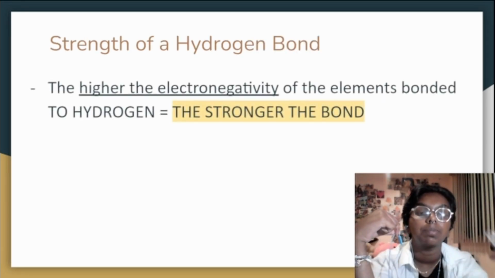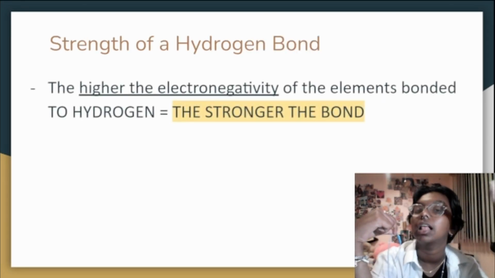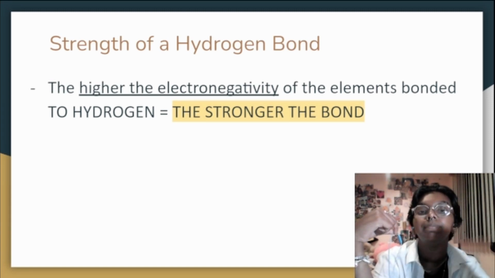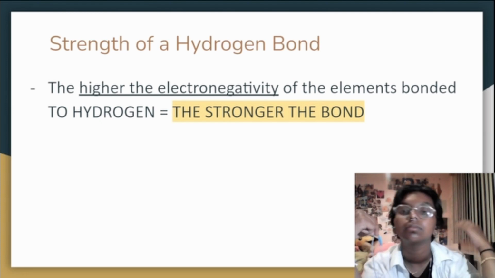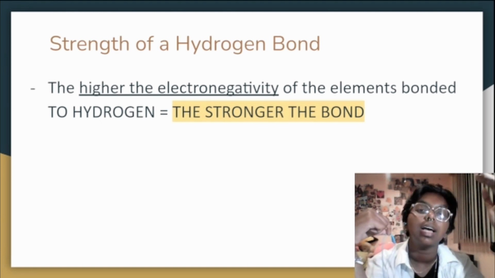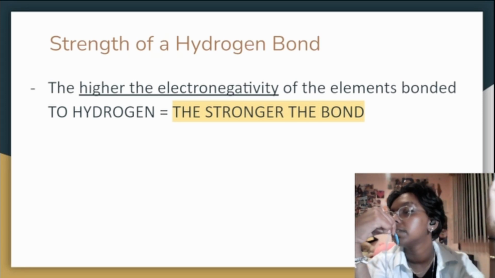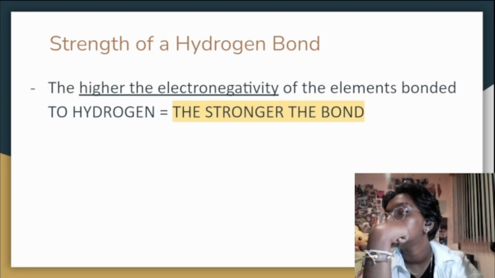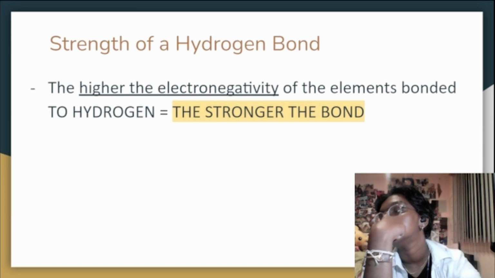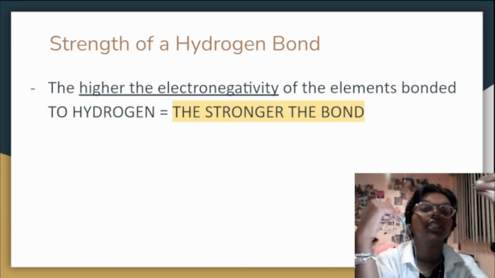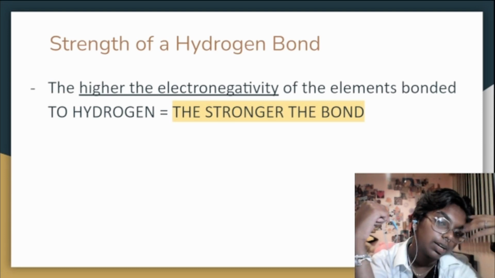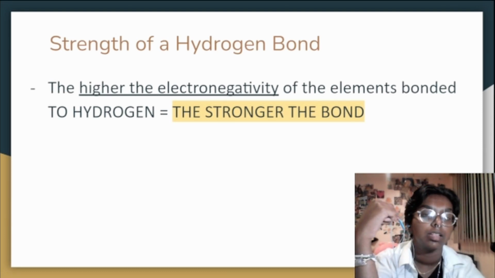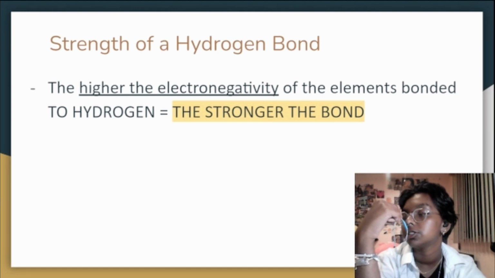The strength of the hydrogen bond: the higher the electronegativity of the element being bonded to the hydrogen, the stronger the bond.